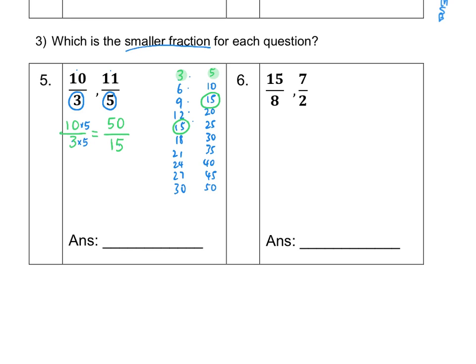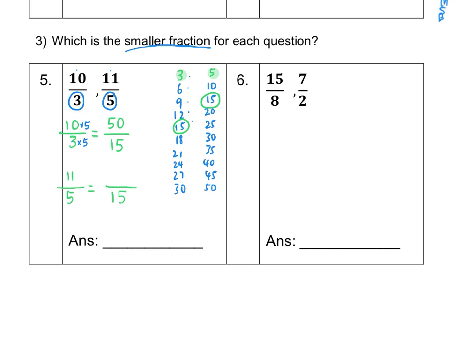Now let's go on to the next fraction, which is 11/5. Okay, same thing. We have to keep our aim in mind. We are actually trying to convert the denominator 5 into a denominator of 15.